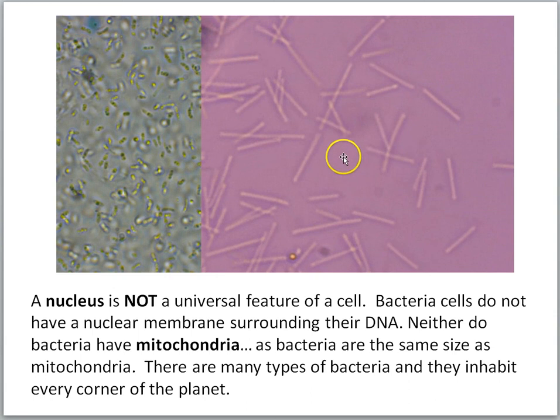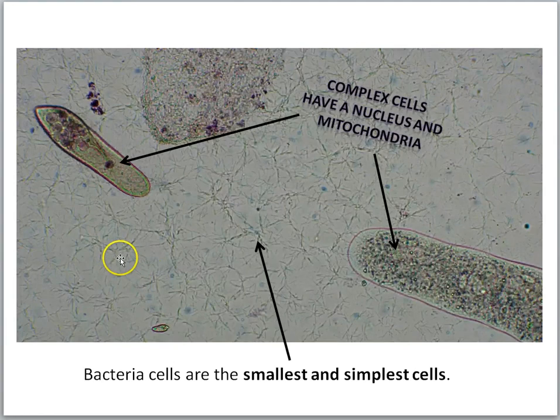Now, to give you a sense of how small they are, let's take a look at this slide. In this picture, we see a section of an amoeba here. It's called a pseudopod, an extension of the amoeba's membrane here. We see one of the amoeba's favorite prey, Paramecia, over here. These are two single-celled organisms, but remember, they were complex cells. So these two types of cells have a nucleus and they have mitochondria.